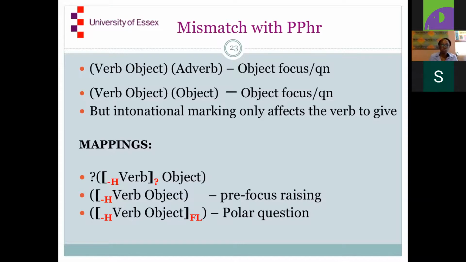So one idea would be to think, well, maybe we have to look further internally into the phonological phrasing and assume that there might be an intermediate phonological phrase inside of the bigger phonological phrase, which would allow us to capture the domain of pre-focus raising.